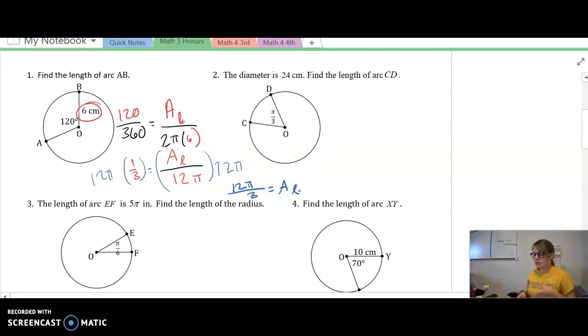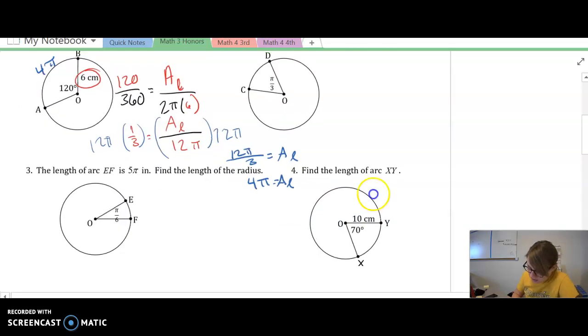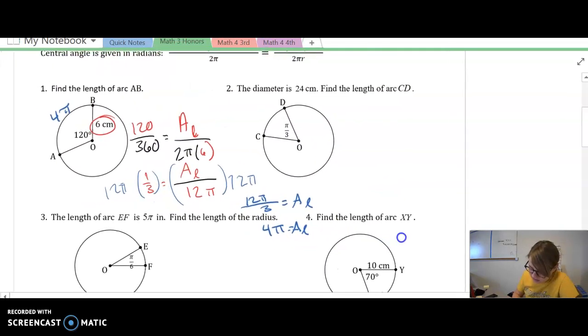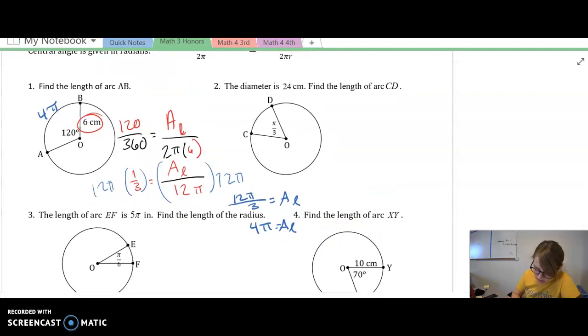And then our last step is to reduce 12 pi over 3. 12 divided by 3 is 4 pi. So my arc length is going to be 4 pi. But since we started in degrees, let's end in degrees as well.